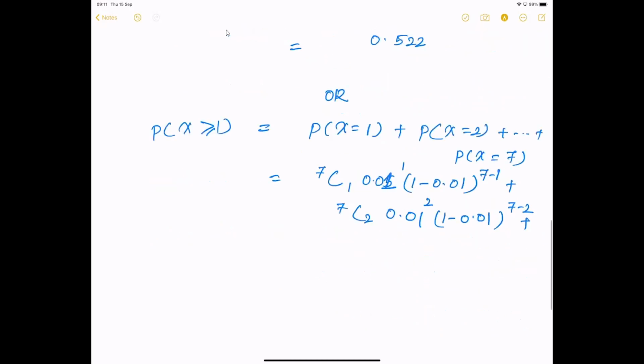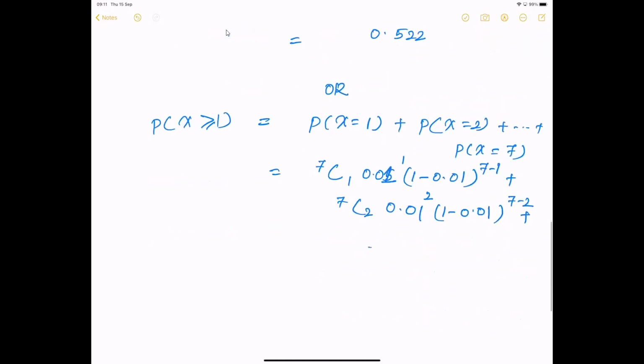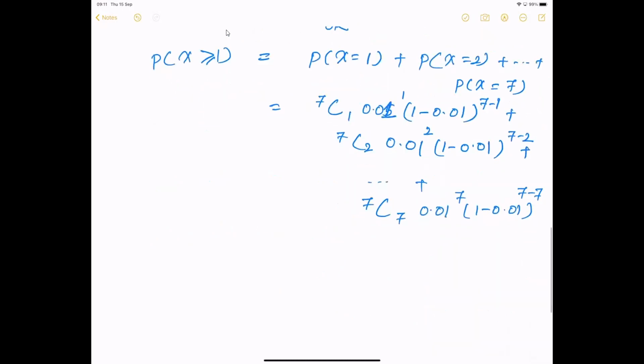Likewise, you have to write each and every situation and sum all the probabilities. You can take the same answer.